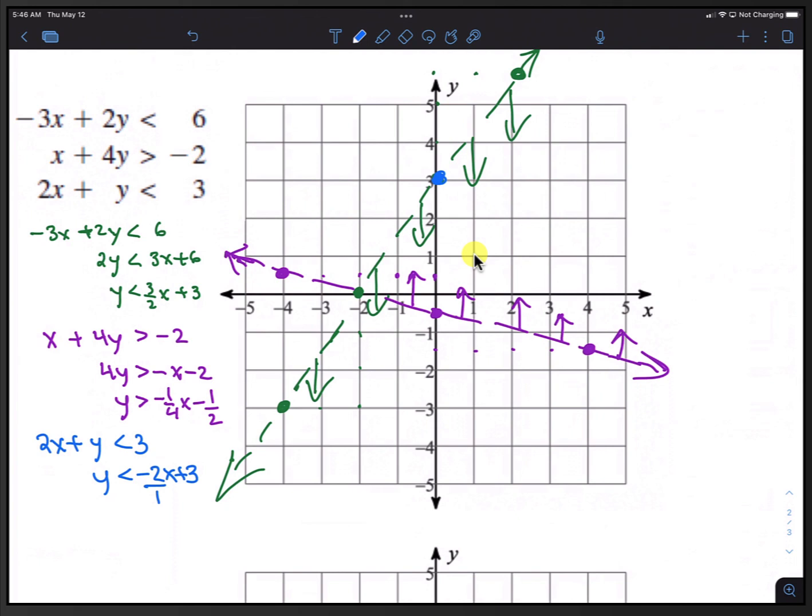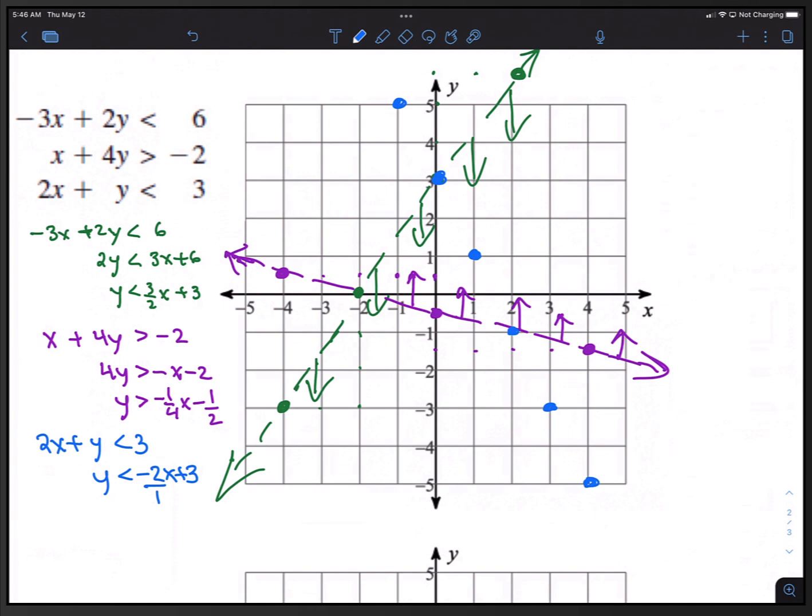So that'll be another point there. And let's go down 2 and over 1 again, and again. And then we can go up 2 and to the left 1, so we'd have a point up here. All right, connecting all of those points.